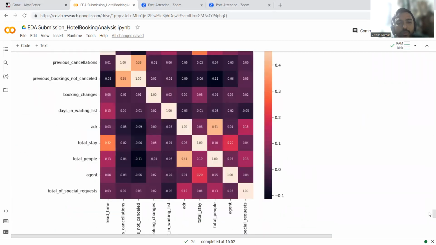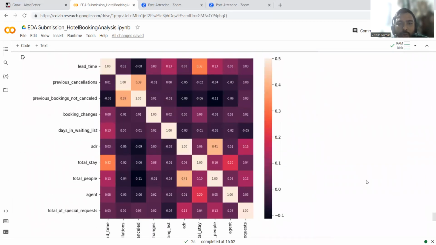And here is the heat map, to understand the correlation between the variables. Here we can clearly see that total stay and lead time have a correlation of 0.32, which is higher.